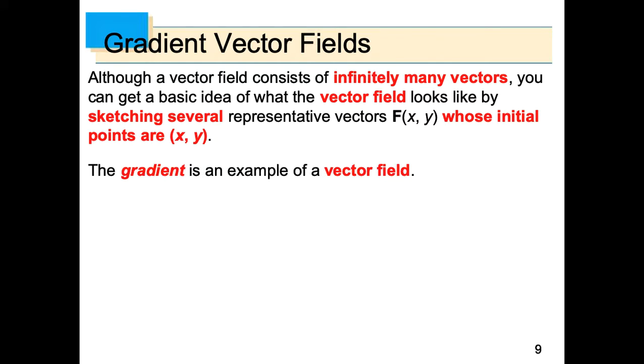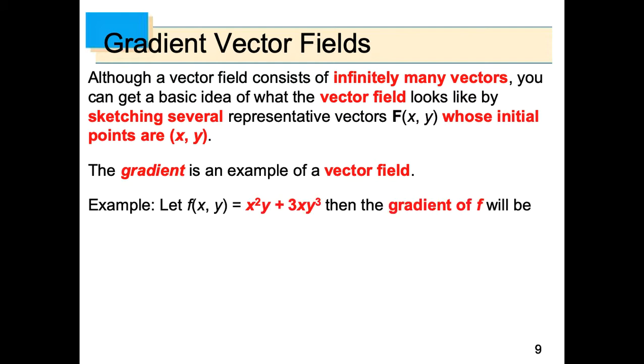We've already dealt with the gradient in this class; we have quite a bit of experience with it. So let's recall: what would be the gradient of this function here? The first component of the gradient is the partial with respect to x, and the second component is the partial with respect to y.